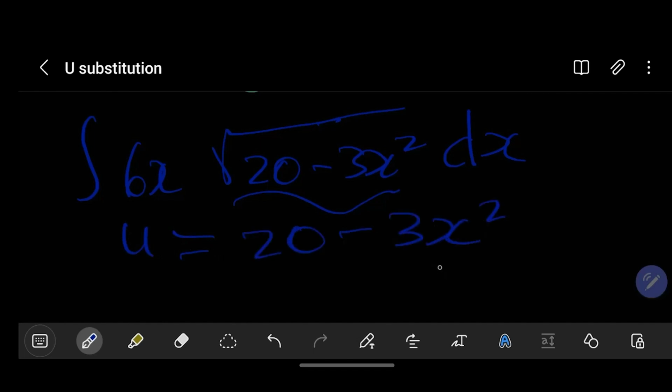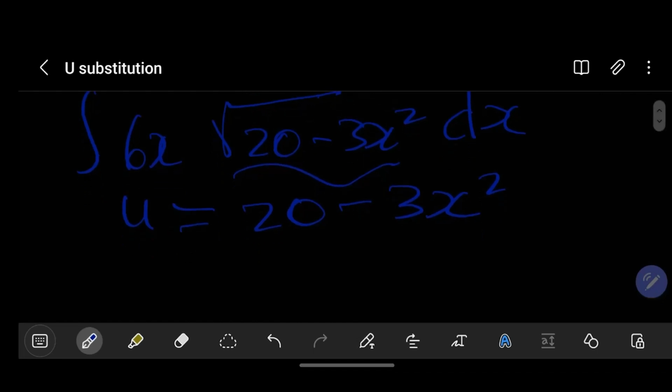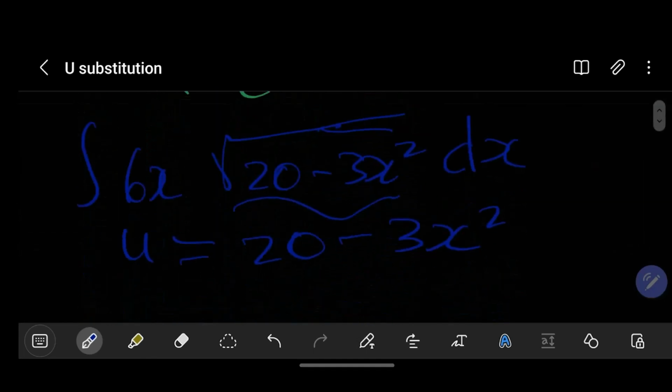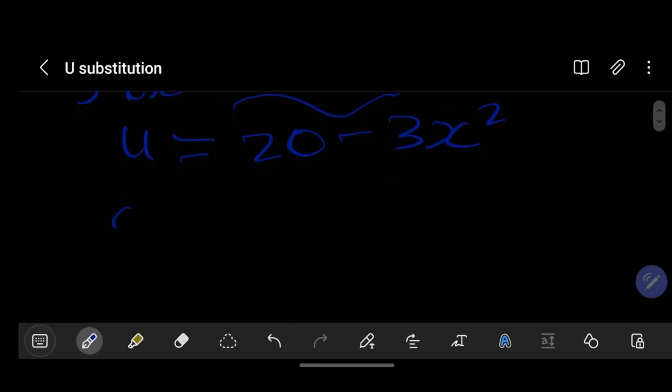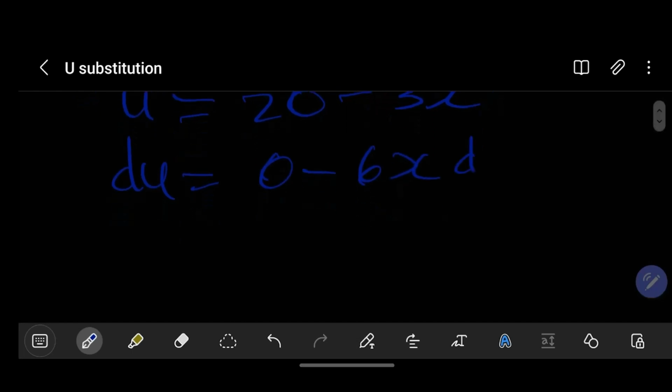Okay, so using the guidance of making u the one that has the most information in it, which is 20 minus 3x squared under the square root, our du is then equal to 0 minus 6x dx. So our dx is then equal to du all over minus 6x.